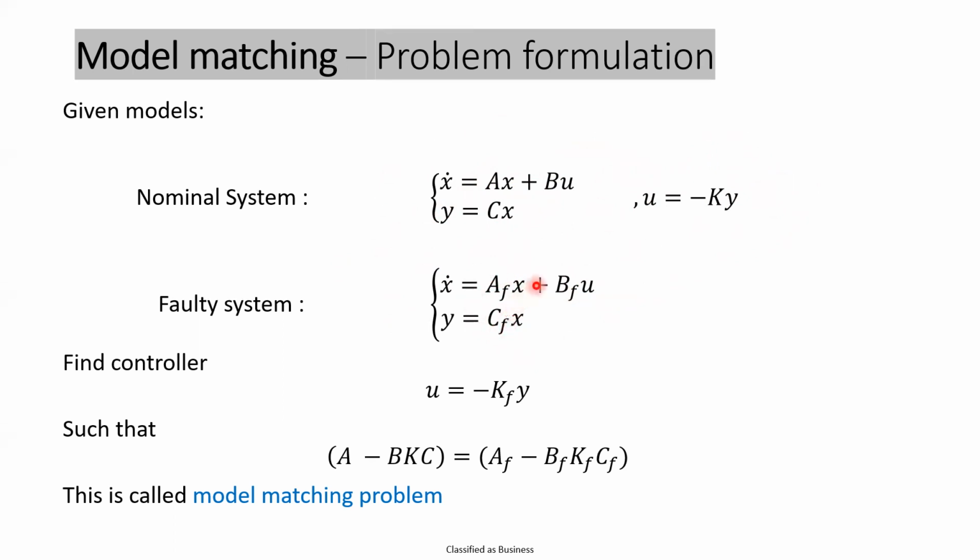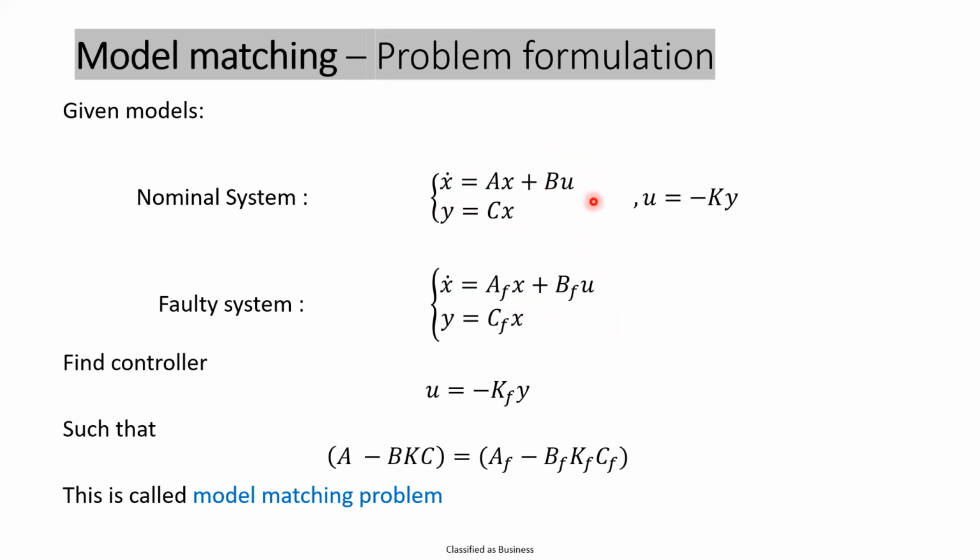Can you guess, if one of the actuators is not working, how we can show that? Let's say we have A, B, C matrices. Let's say we have two actuators. One of them is not working. Can you explain, or can you guess how we can show that fault? Exactly.